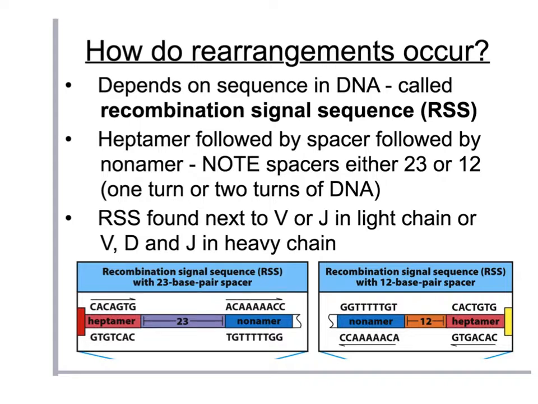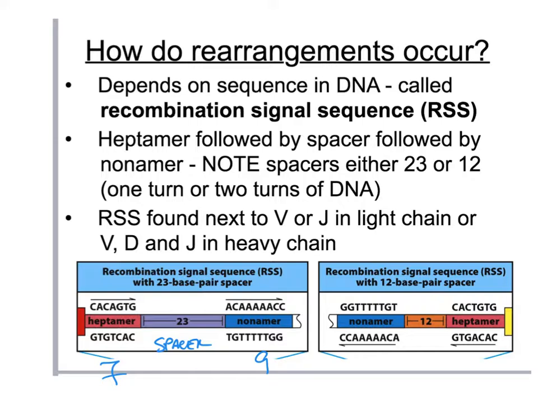And down here, they're showing you an RSS. Each RSS has 3 things in it. It has a heptamer. What's a heptamer? How many's hep? 7. What's a nonamer? A 9. And a spacer. And in this case, they're showing you a spacer that's 23.